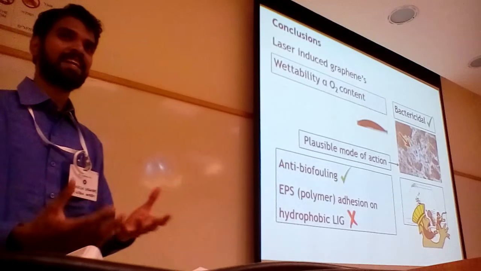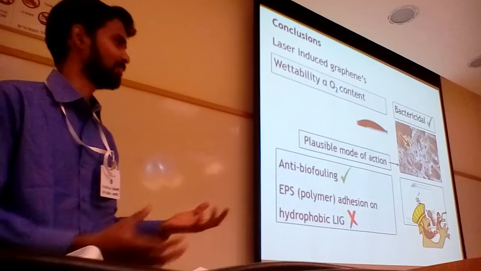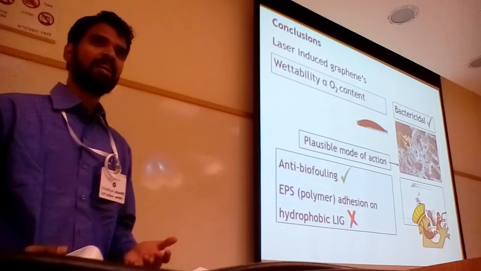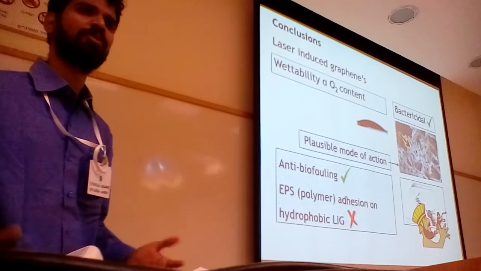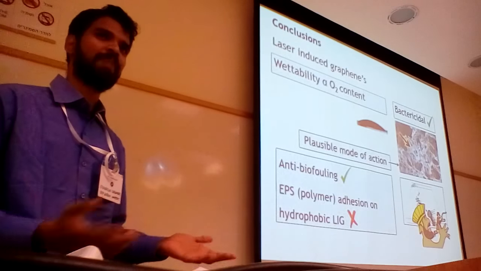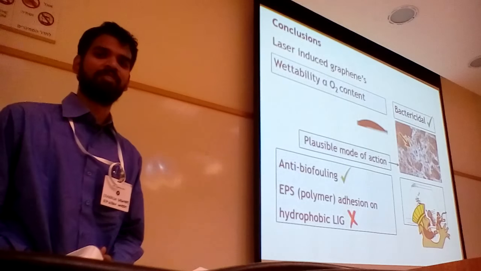Possibly because that sample is hydrophobic, they absorbed some glucose, not glucose, mannose from the solution. So when it comes to anti-biofouling, both hydrophilicity and hydrophobicity work. It's just the bactericidal property of graphene that is involved in anti-biofouling.